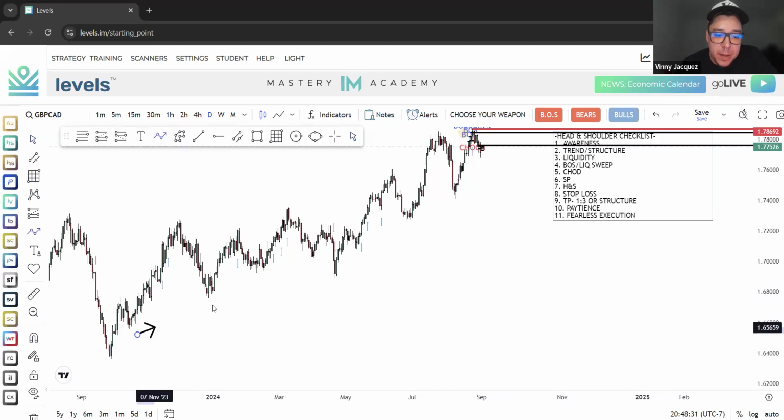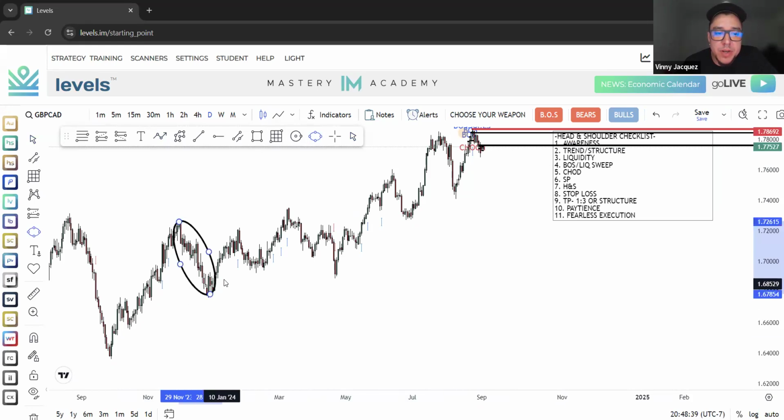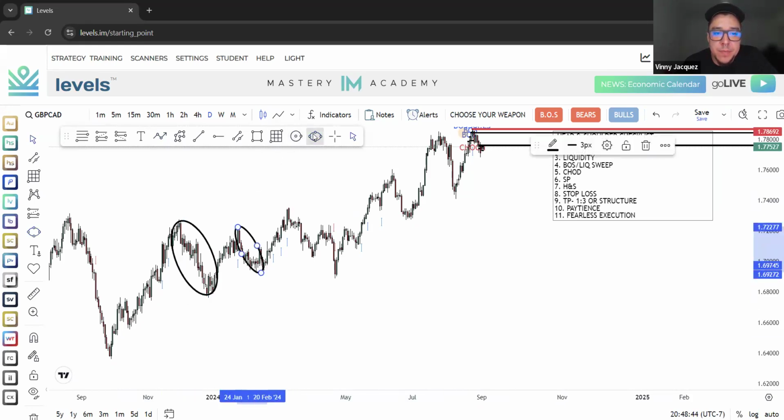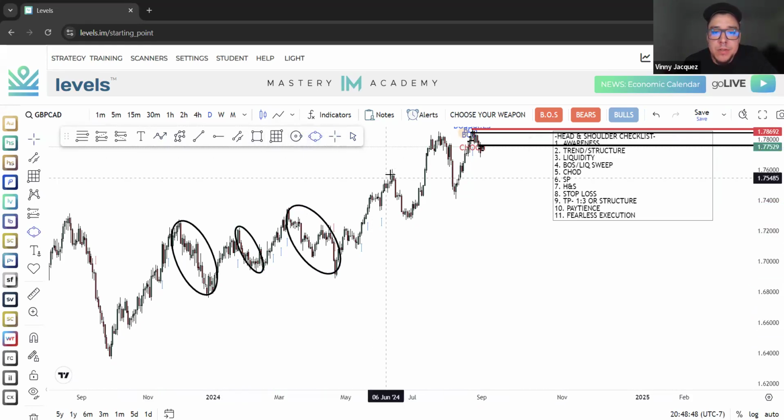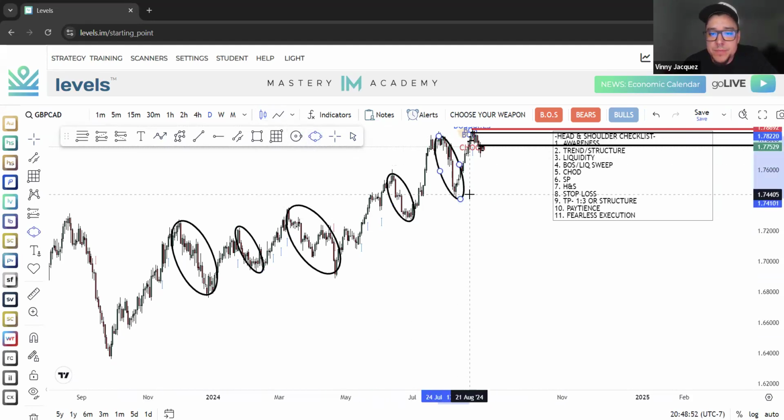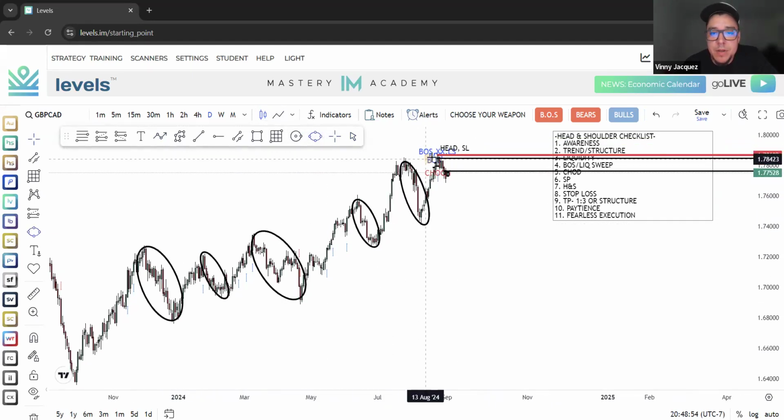There's the uptrend, the trend that is going up, and then there is the short-term trend. Short-term trend. Look what is happening right now.